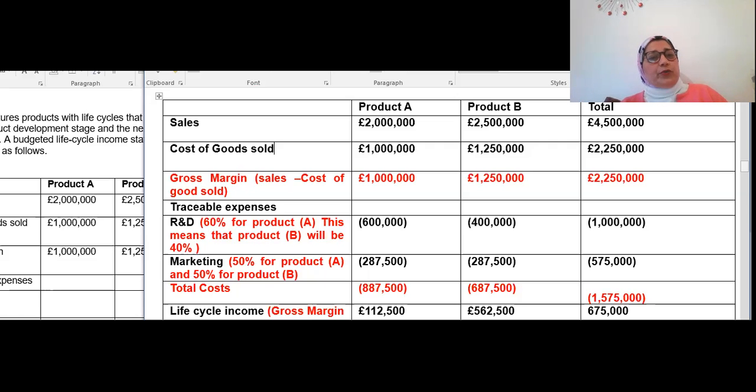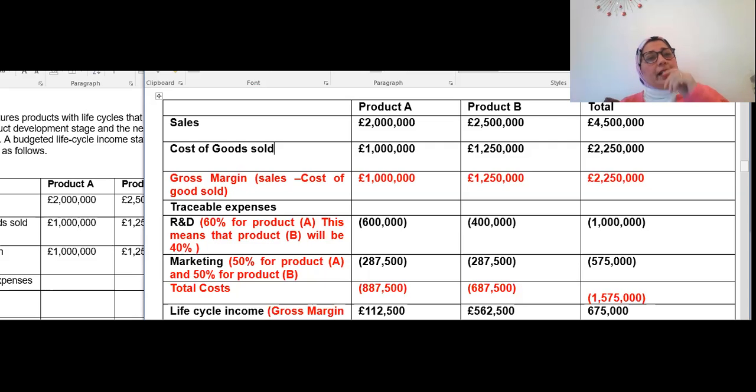If we move to research and development, because the core here is the traceable expenses, research and development and marketing. Even from its name, research and development, that means we do research and development for new products, right?